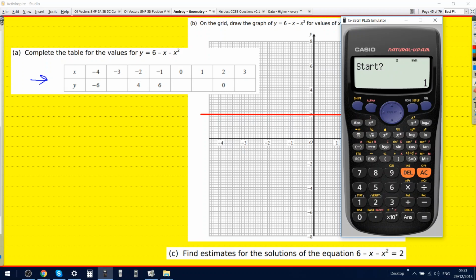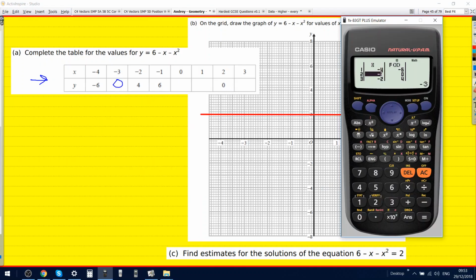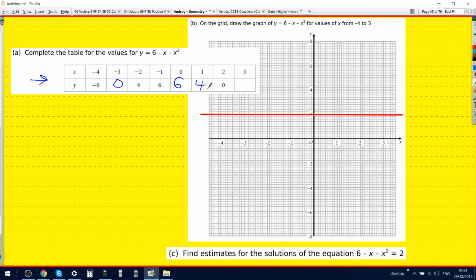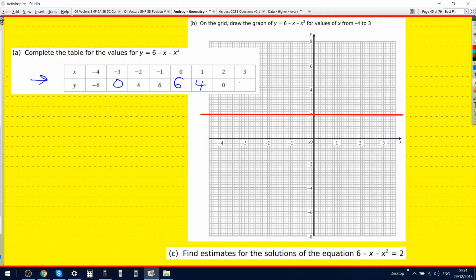And then you do start -4, end 3, and then go up 1. And that's all. So -3, 0, 0, 6, 4. And that is -6. What's next?